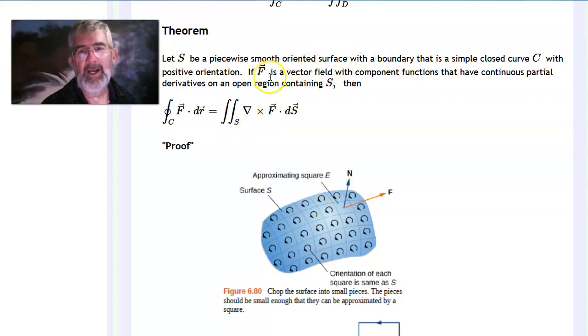So you got all that. Then you got a vector field F with component functions that have continuous partial derivatives on an open region containing the surface. Then the line integral around the boundary of the vector function is the surface integral of the curl dotted with dS.